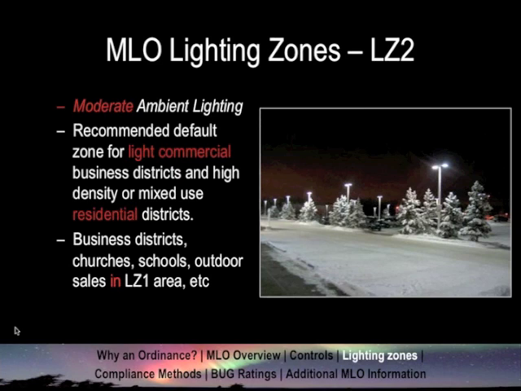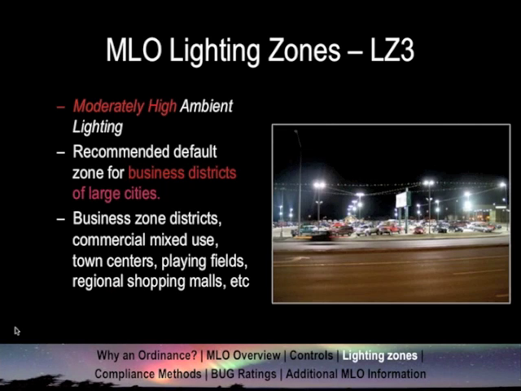Other areas that are within lighting zone 1, you may want churches or schools, or a gas station that's in a small town. They can all be lighting zone 2 within a lighting zone 1 area. Lighting zone 3, this is definitely moderately high, and this will be for large cities.